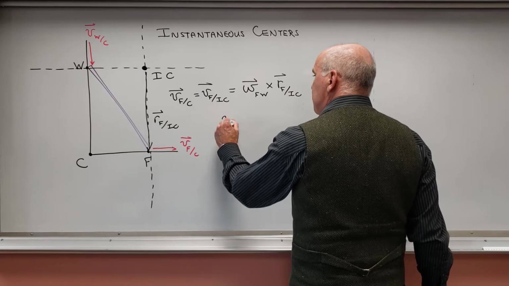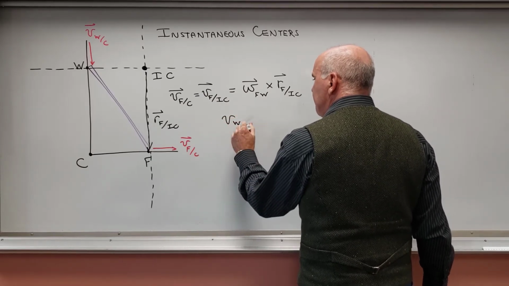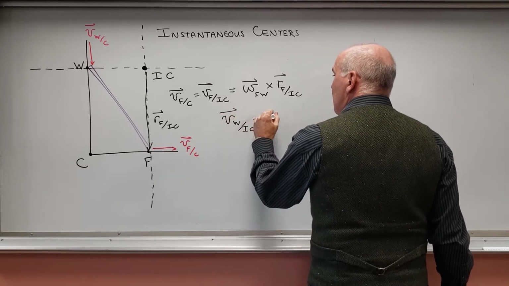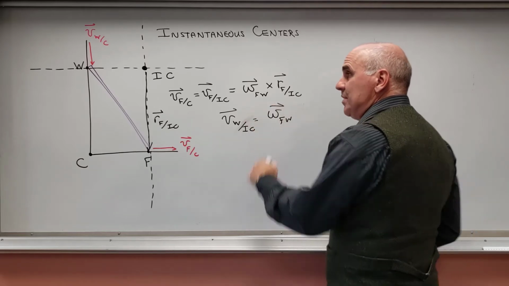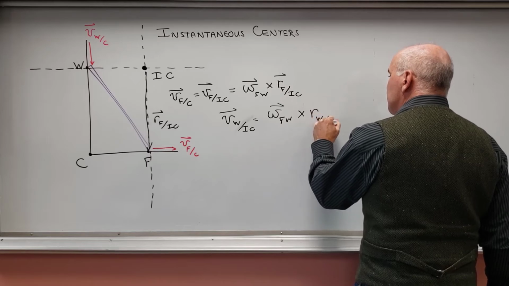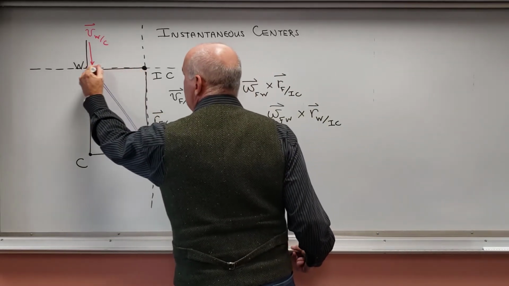And so the velocity of the wall with respect to the instantaneous center is equal to omega FW, same omega FW I just discovered up here, crossed with the position of the wall with respect to the instantaneous center. And that would be this vector right here.